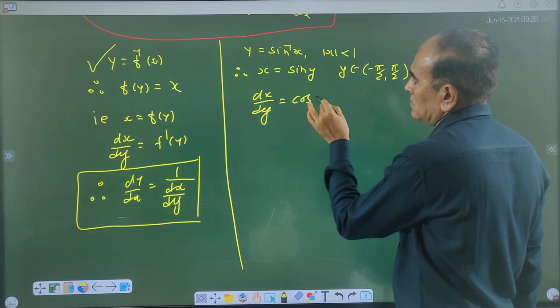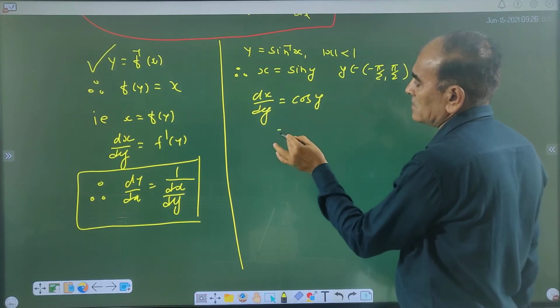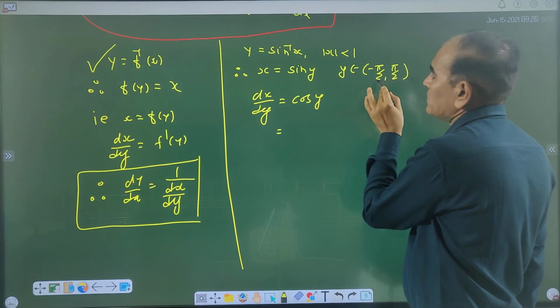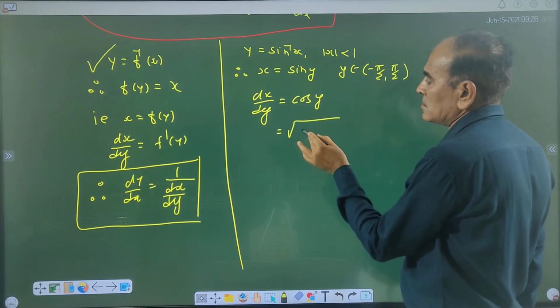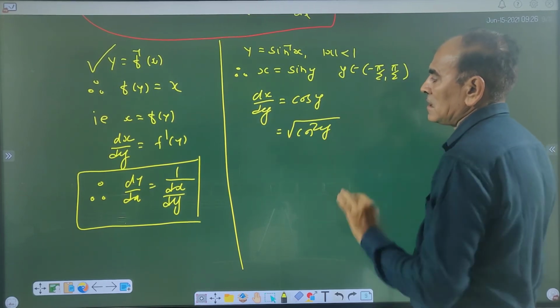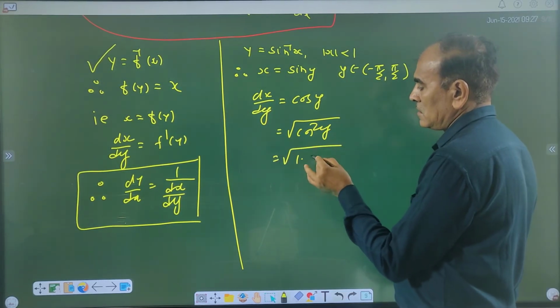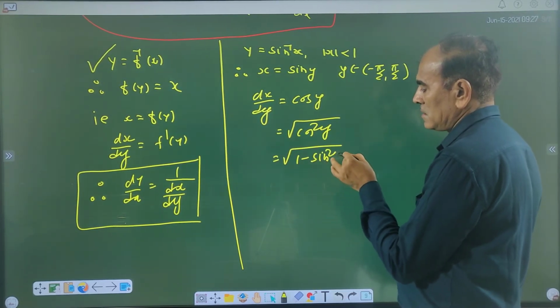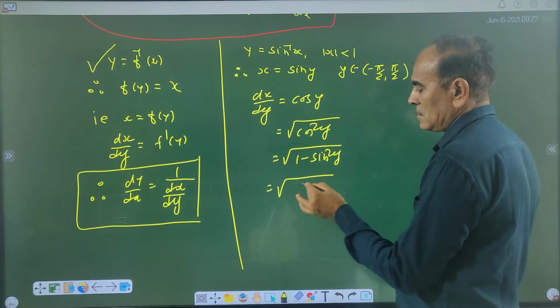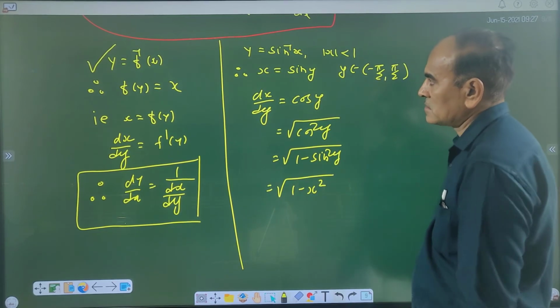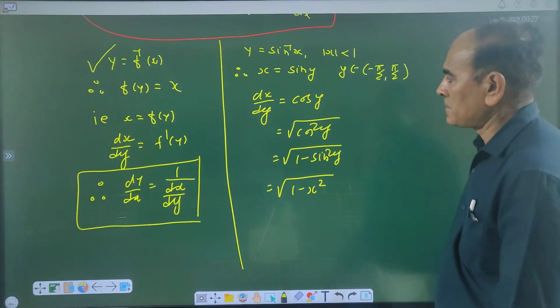It is equal to the derivative of sine y, which is cos y. Which quadrant is there? Fourth and first quadrant. Cos function is positive. Can I write under root cos square y? Yes. Can I write under root 1 minus sine square y? Yes. That is equal to under root 1 minus x square because x is equal to sine y.